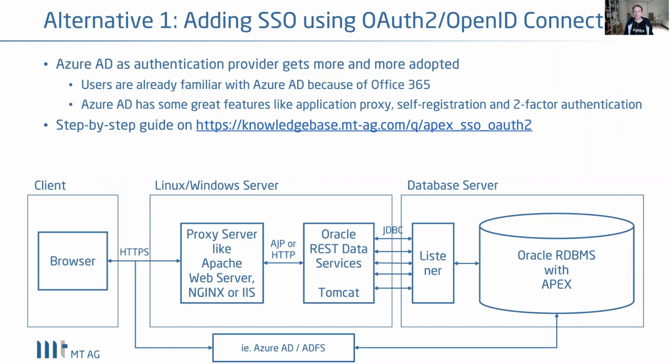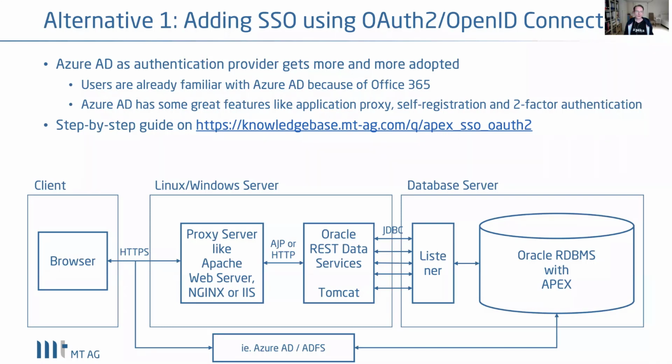I won't go into details, but Apex supports both methods. So if you have an authentication provider that is able to communicate for authentication purposes through OAuth2, then I would go that way and implement that.